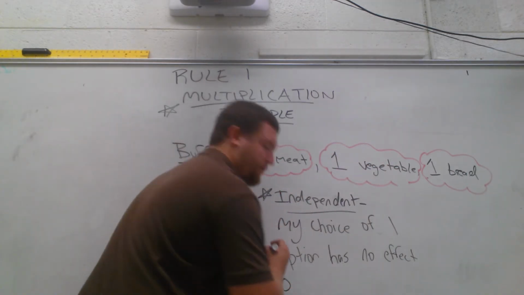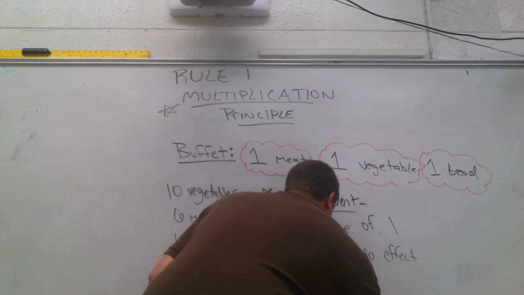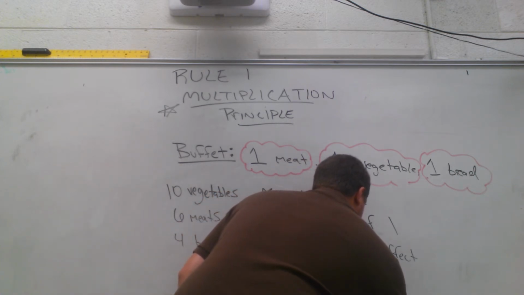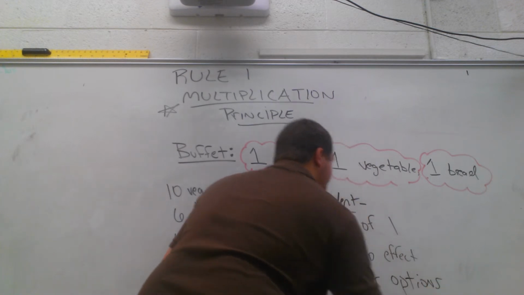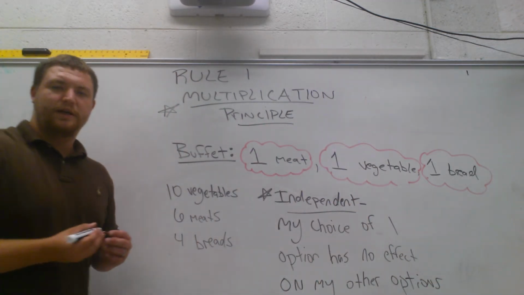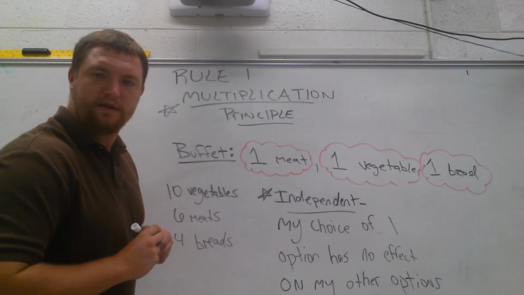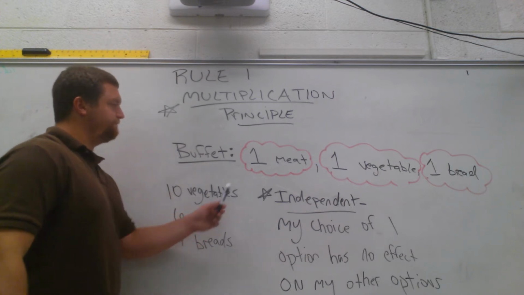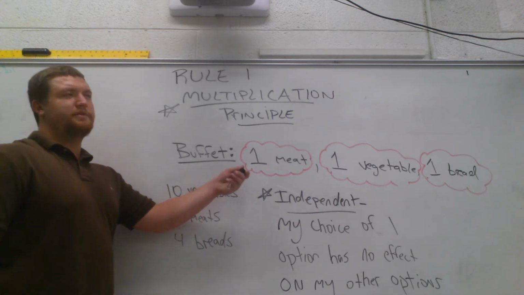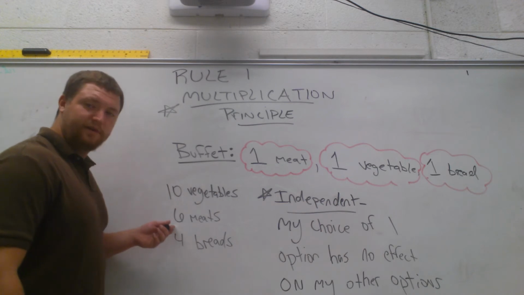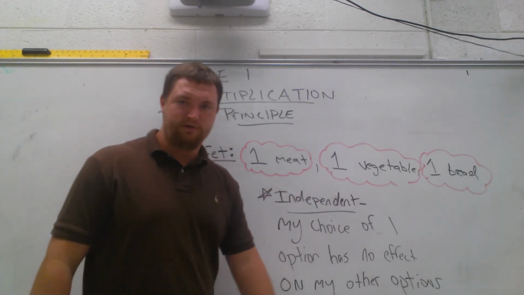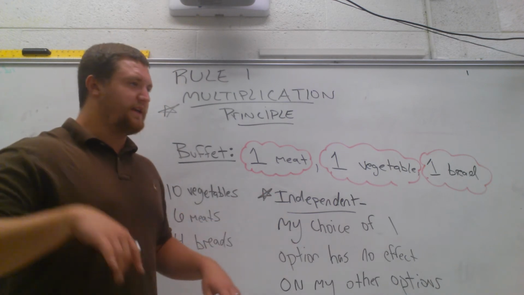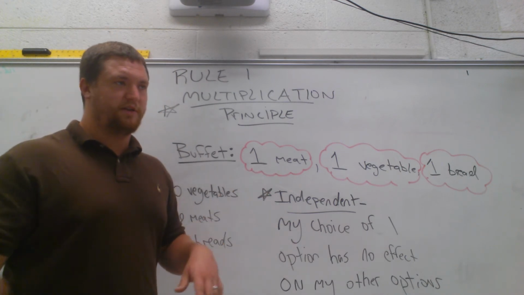Can you see that down there? Okay, so if I get meatloaf for my meat, that does not determine whether I get green beans for a vegetable. I can get any meat and get any vegetable, they don't depend on each other.